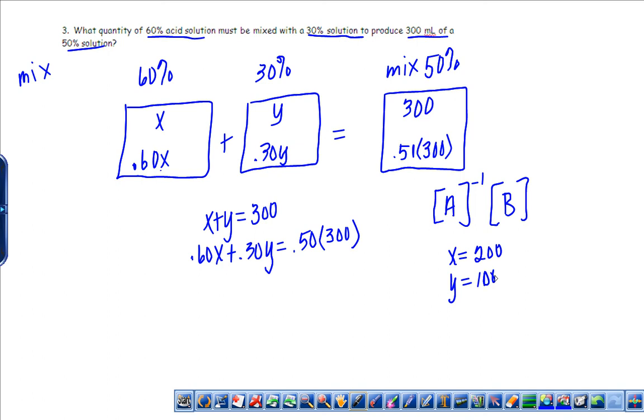Again, you can solve for Y on both of these and plug them in and find your intersection. These are just set up really easy for matrices. And we're looking for the quantity of X. So that would be 200 milliliters of the 60% solution.